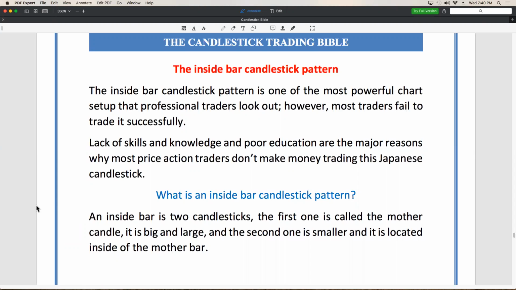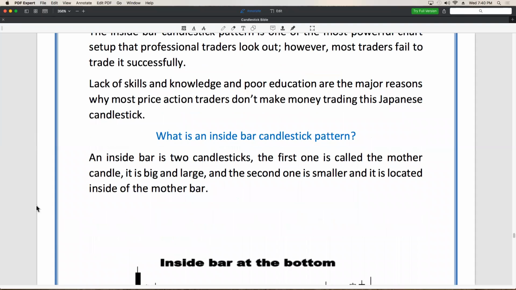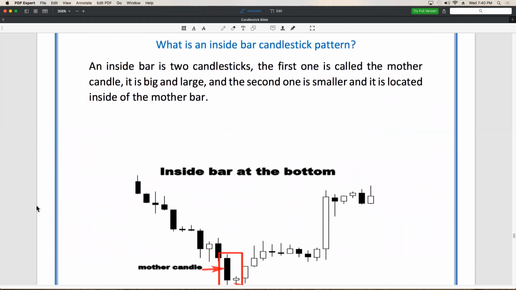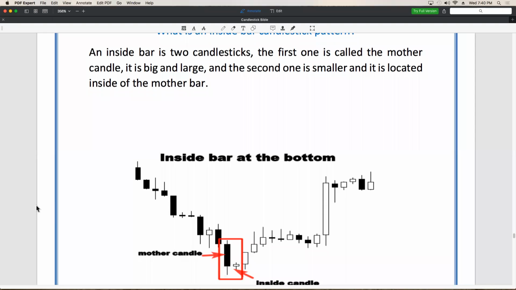Now, what is an inside bar candlestick pattern? An inside bar is two candlesticks. The first one is called the mother candle. It is big and large, and the second one is smaller, and it is located inside of the mother.